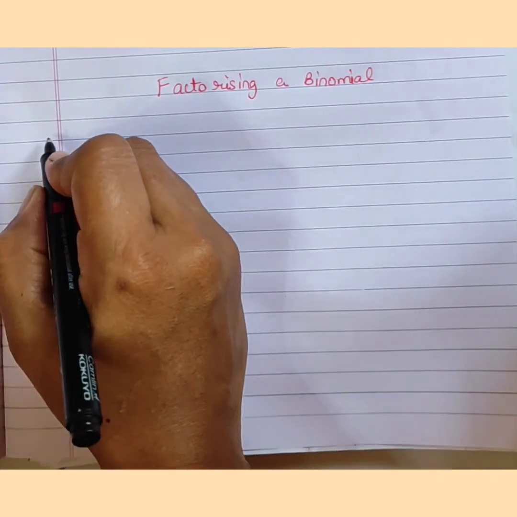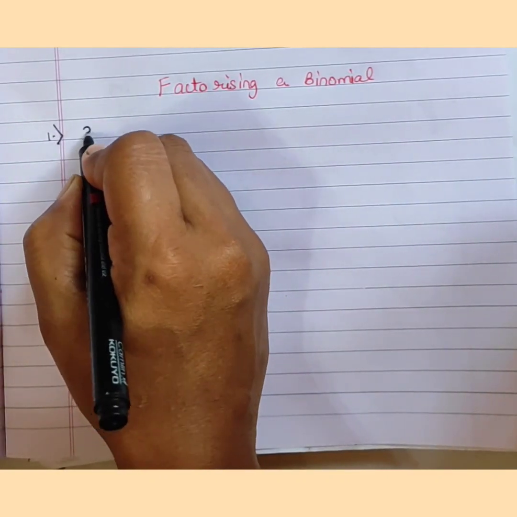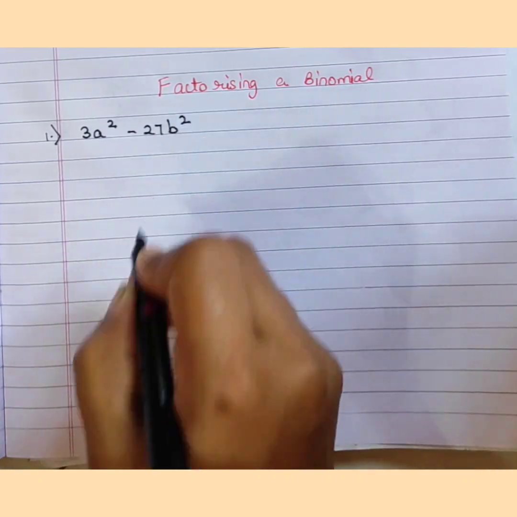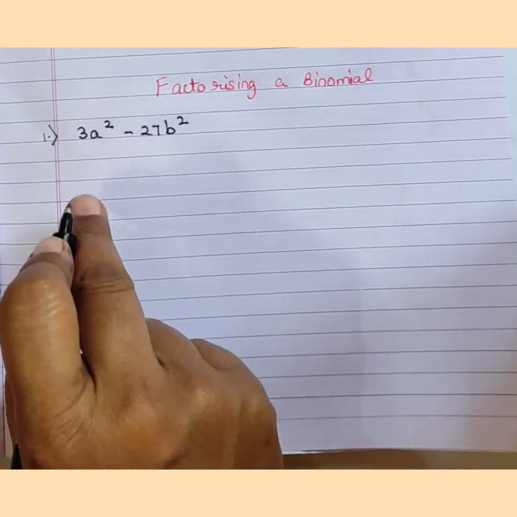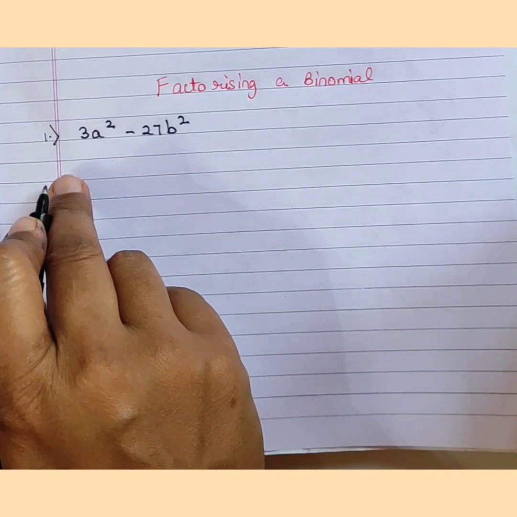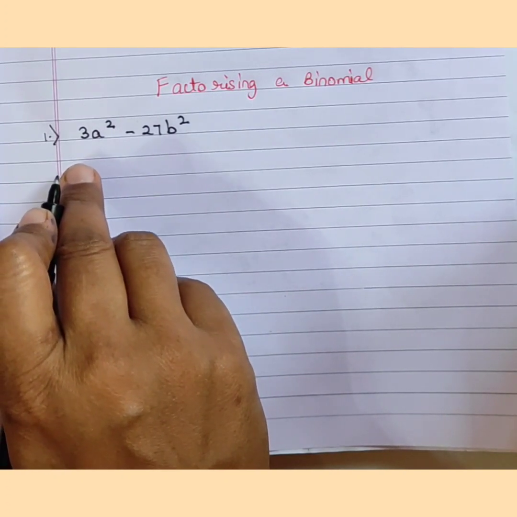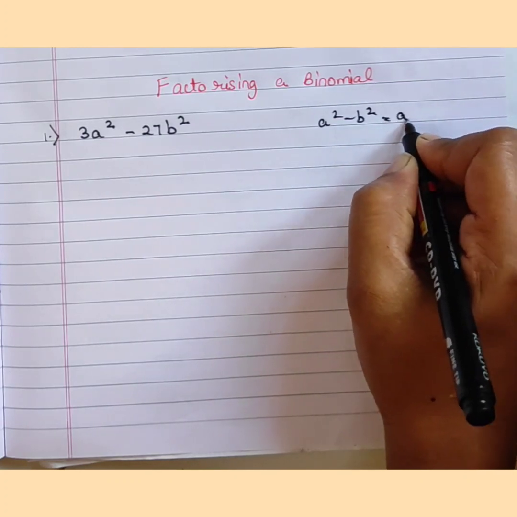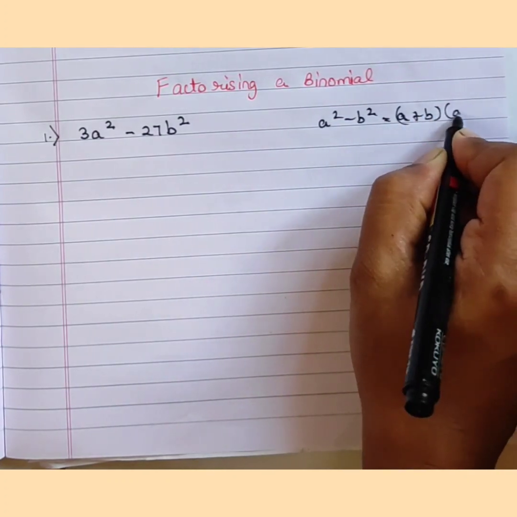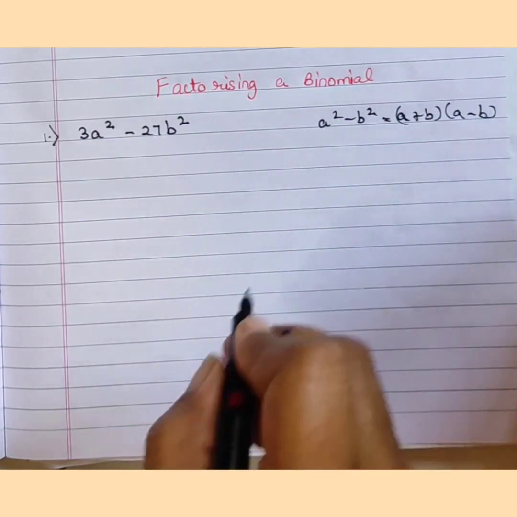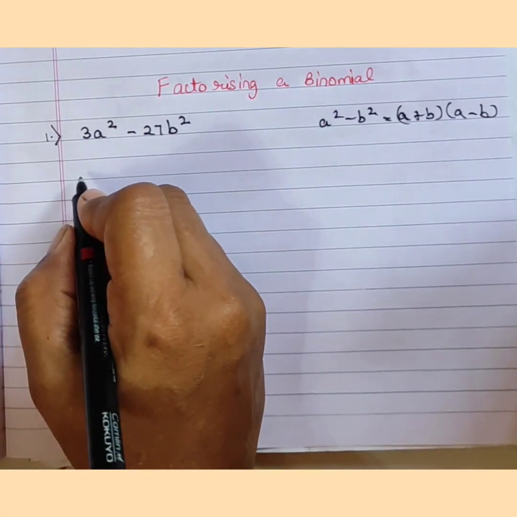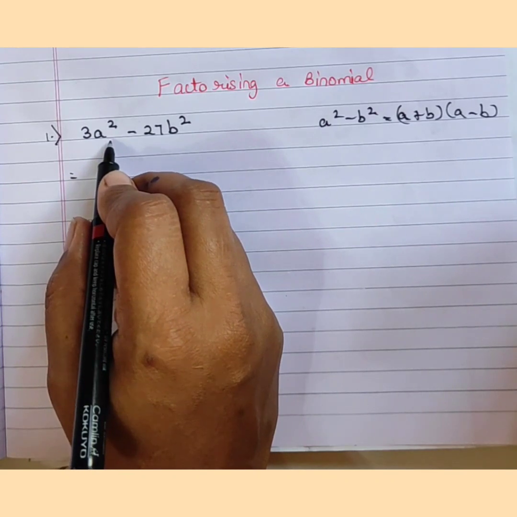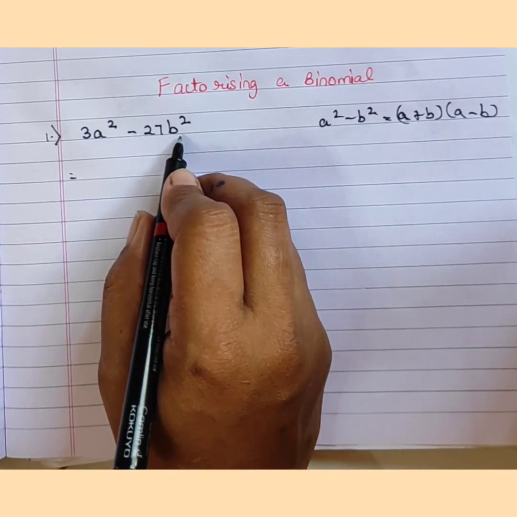So our first example, we will take 3a square minus 27b square. Now this binomial is in the form a square minus b square is equal to a plus b and a minus b. This is one of our algebraic formulas. Now we can consider 3a as a and 27b as b.